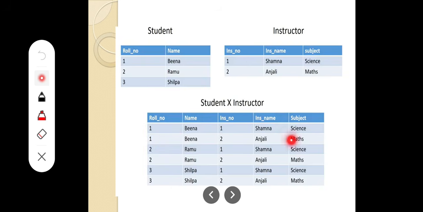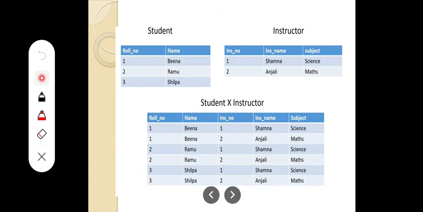Now we take the next tuple, 2 Ramu, which is also concatenated with each and every row in the instructor relation: 2 Ramu, 1 Shamna Science, then 2 Ramu, 2 Anjali Max. Next, 3 Shilpa is concatenated with each row in the instructor relation: 3 Shilpa, 1 Shamna Science, and 3 Shilpa, 2 Anjali Max.